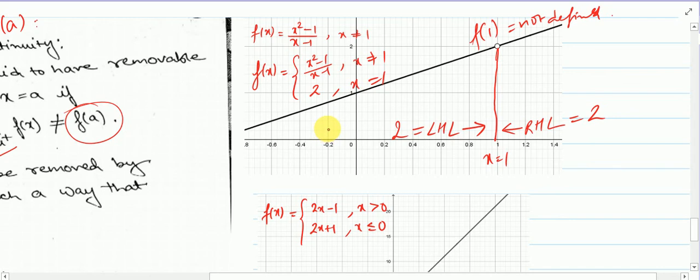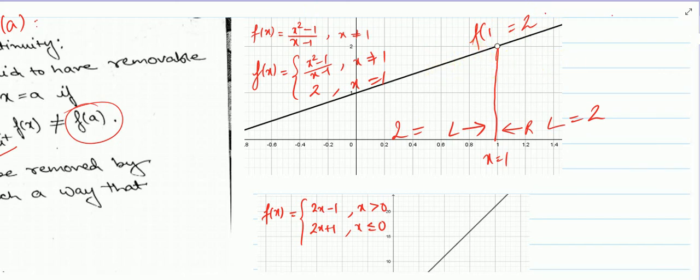Because this is not defined here, we can simply put 2. In that way, left hand limit, right hand limit, and f of 1 equal 2. So that's how it will become continuous, and then you can easily draw the graph without lifting your pen.